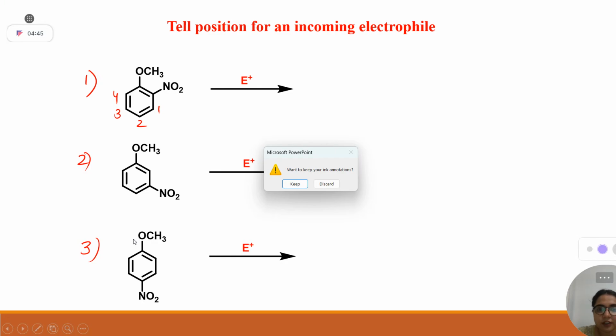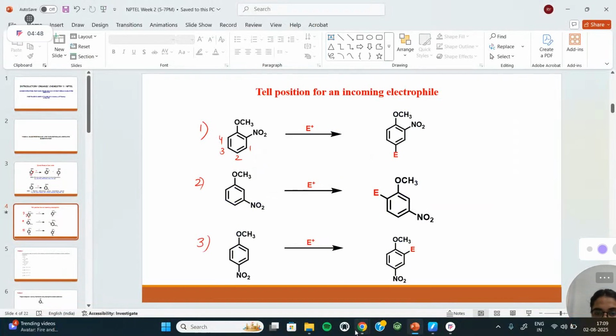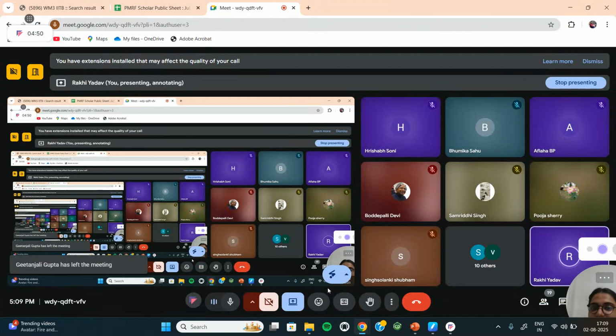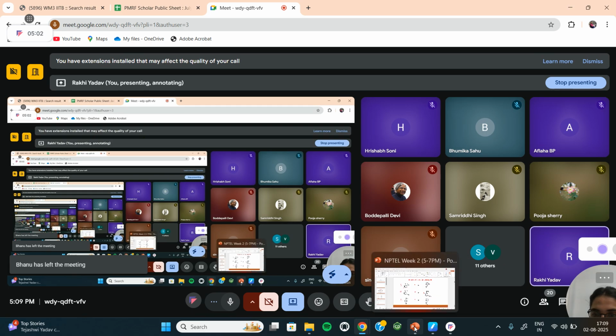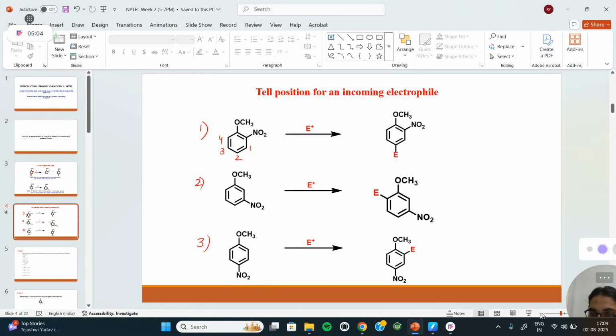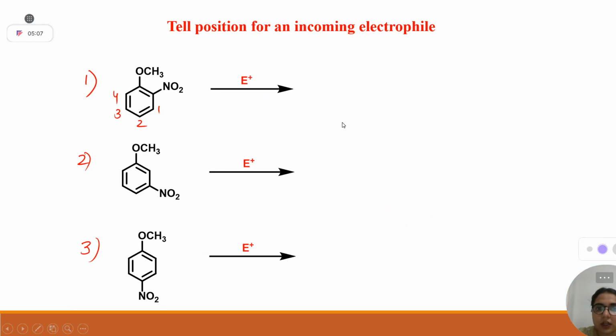And one more thing before starting class: I want everyone to take part in this quiz. It will help you. No matter if you are wrong, try to answer the question. You can ask your doubts in between, but try to solve. One student was answering. What is your answer? Second. Okay, second. Another answer.